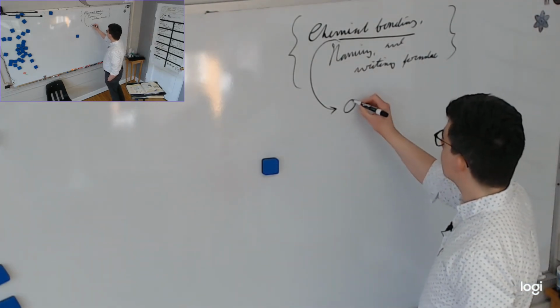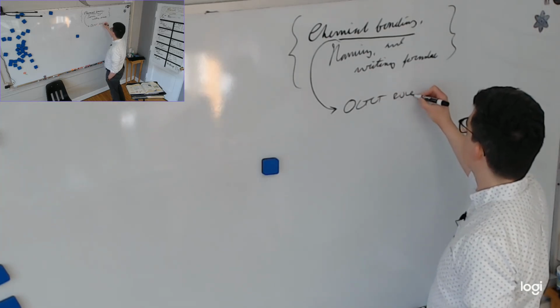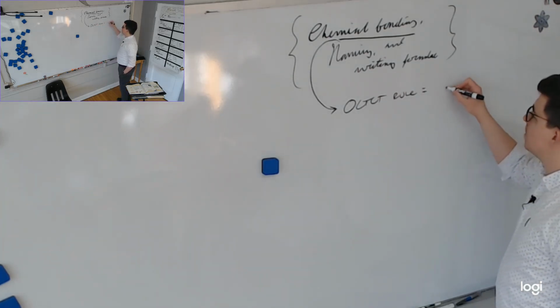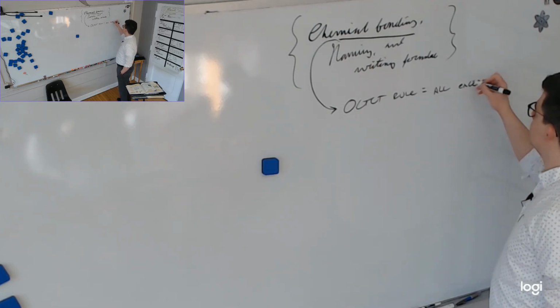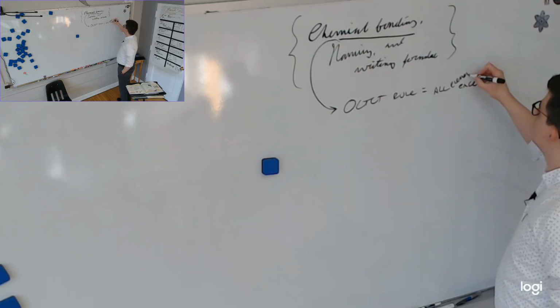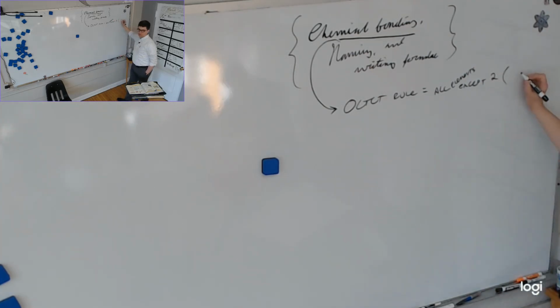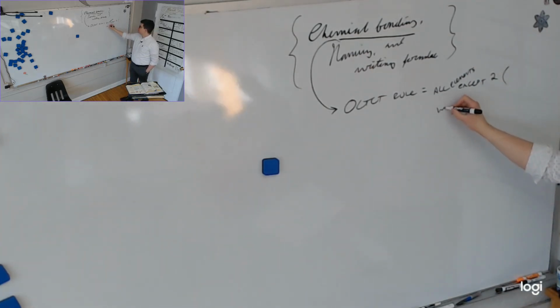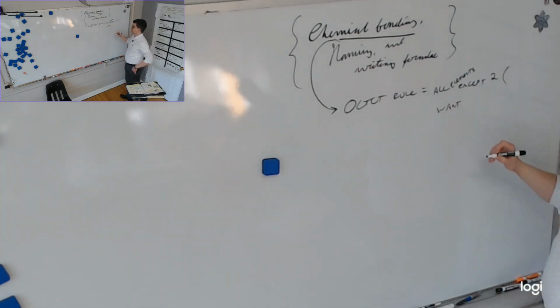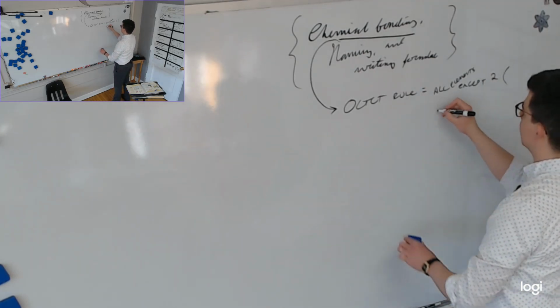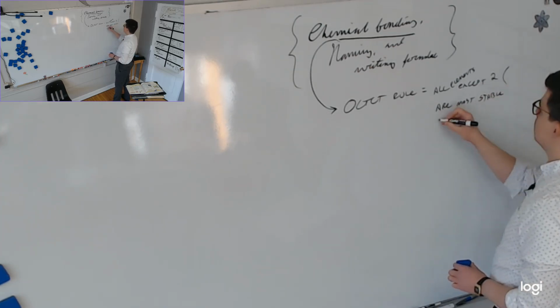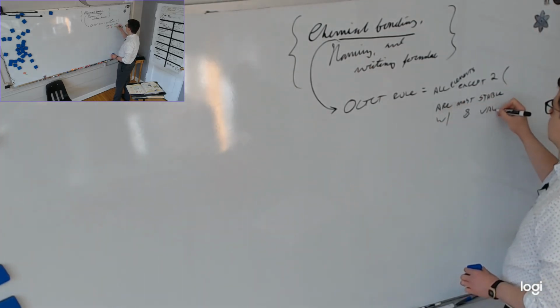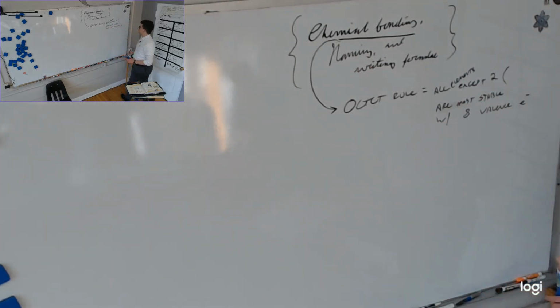The octet rule says that all elements except two are most stable with 8 valence electrons.